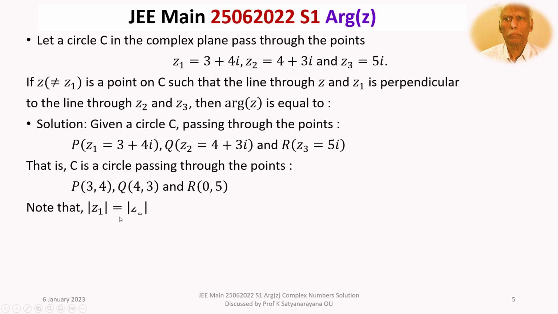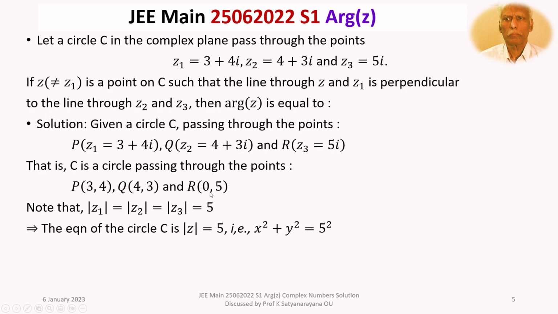Notice that mod z1 is the square root of 3 square plus 4 square, that is 5. Mod z2 is also 5. Mod z3 is also 5. So z1, z2, z3 lie on the circle mod z is equal to 5. So the equation of the circle C is mod z is equal to 5.